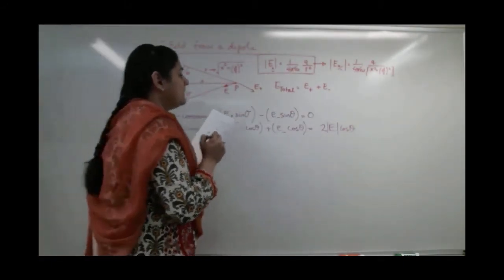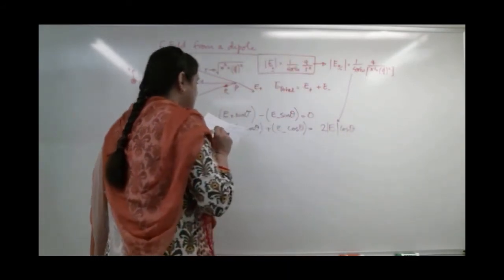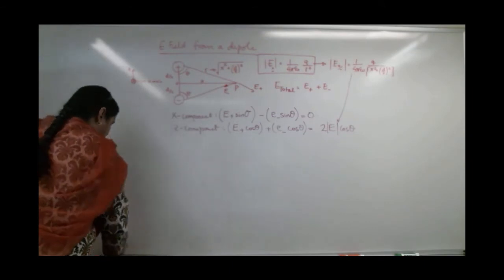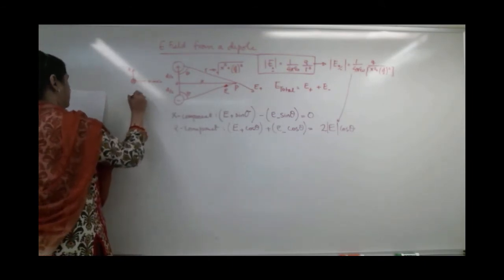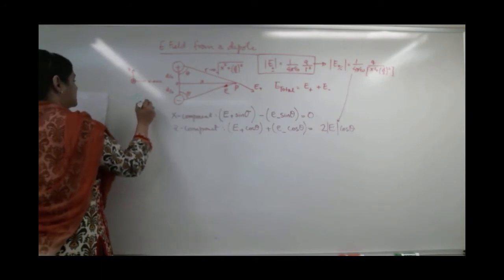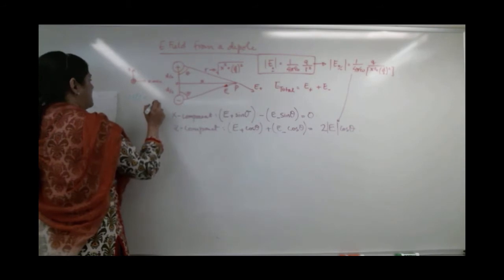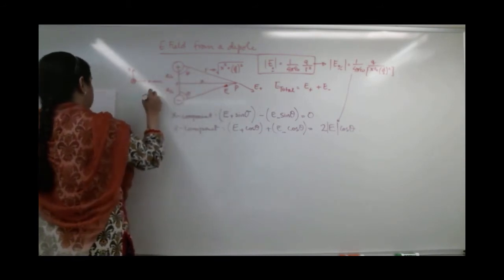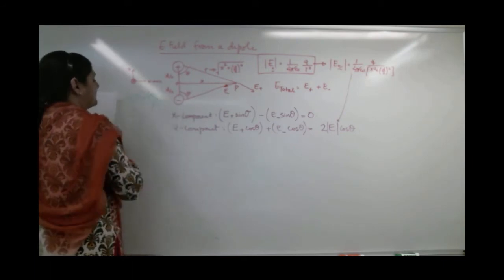Now, if I calculate what cosine theta is, cosine theta equals base over r. If this is r and this is the base, it will be d over 2 divided by r.